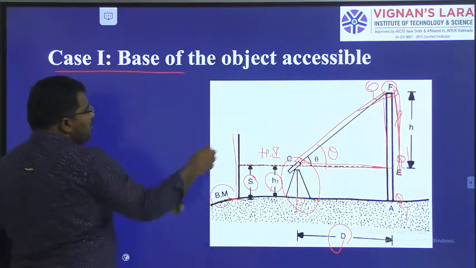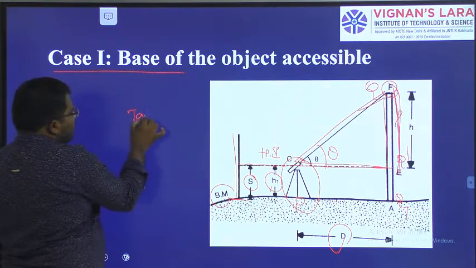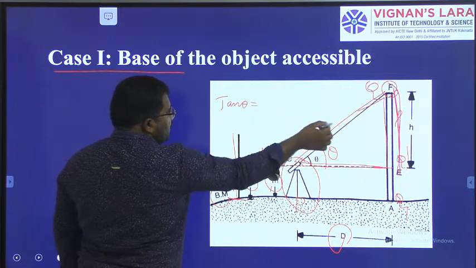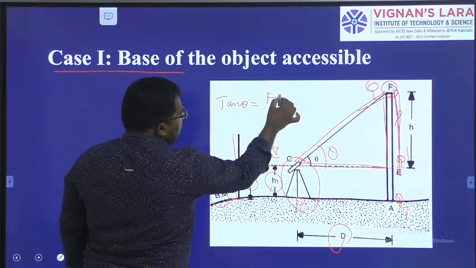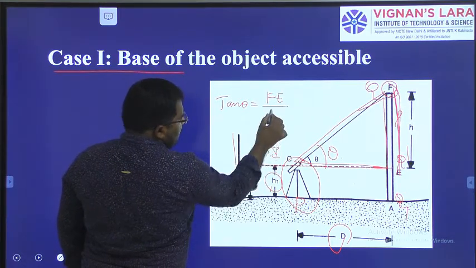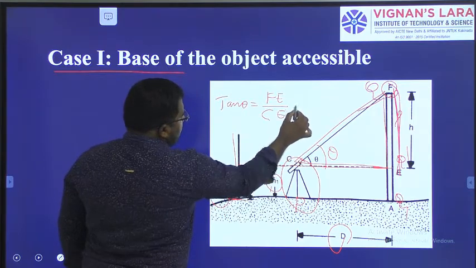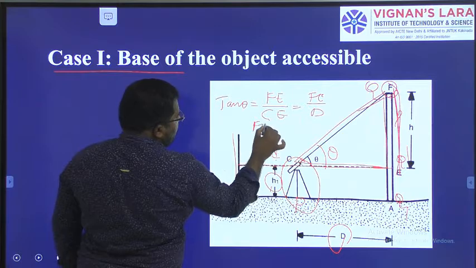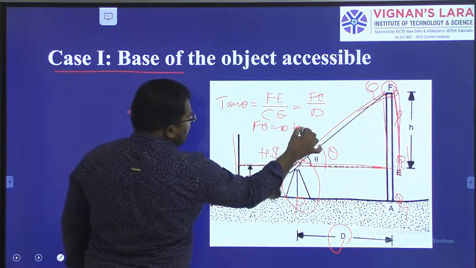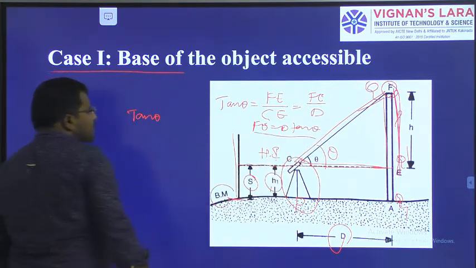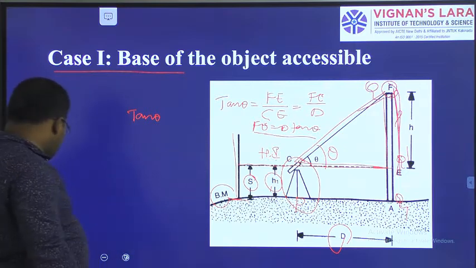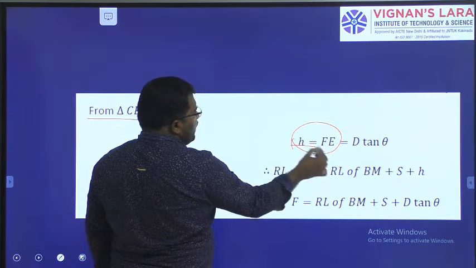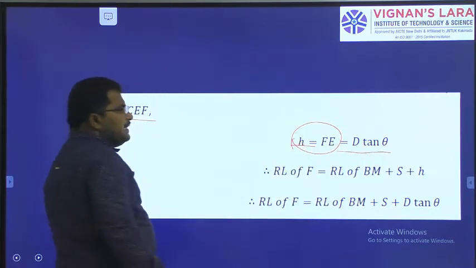So tan theta is equal to FE by CE, but CE is given as D. So FE is equal to D tan theta. We take FE as the small h, so small h is equal to D tan theta.